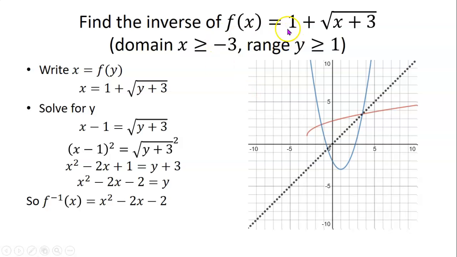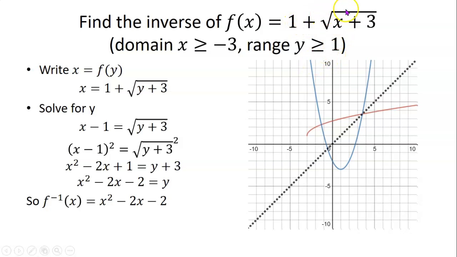So with the function we started with, we were only allowed to plug in numbers that were greater than or equal to negative 3, and we could only get out numbers that were greater than or equal to 1. So if we're thinking of this as the inverse, the thing that undoes what this function does, we only want it to act on numbers that could have come out of the original function. That is, numbers that are greater than or equal to 1.